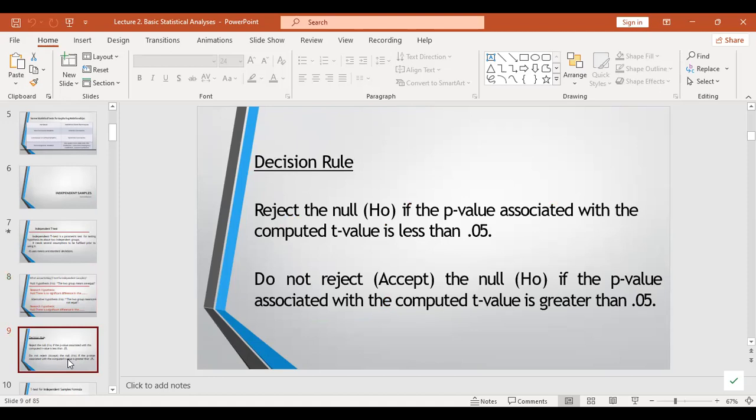Decision rules. So you're going to reject the null if the computed p-value is less than 0.05. So do not reject the null if the computed p-value is greater than 0.05.